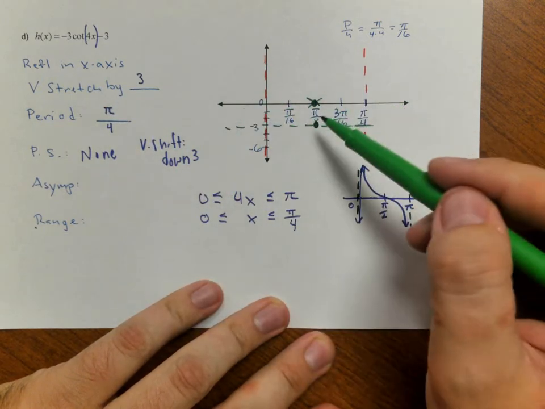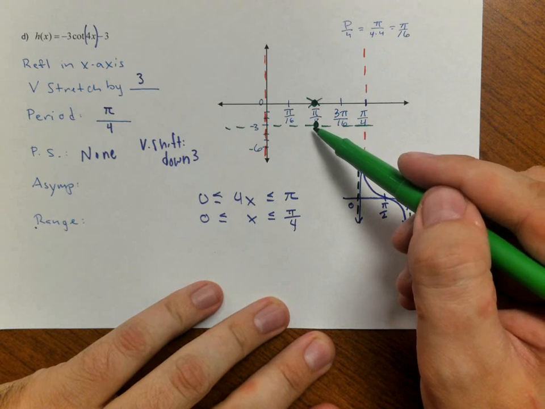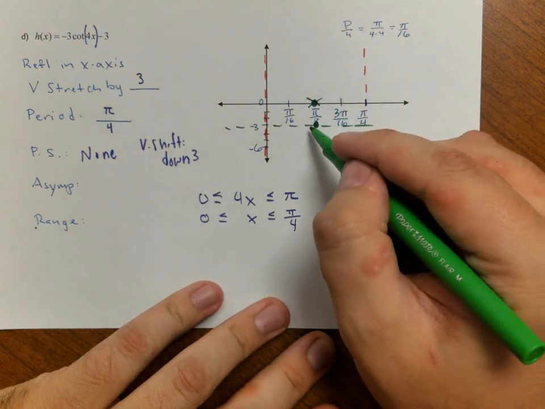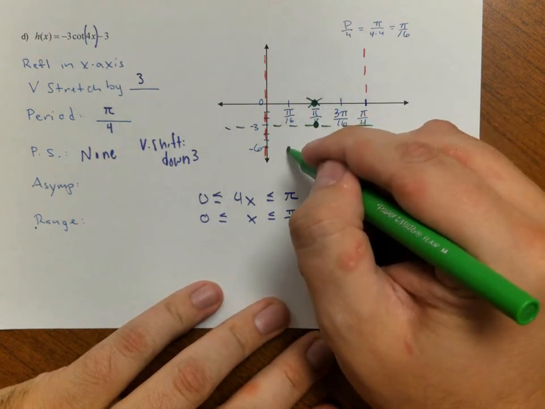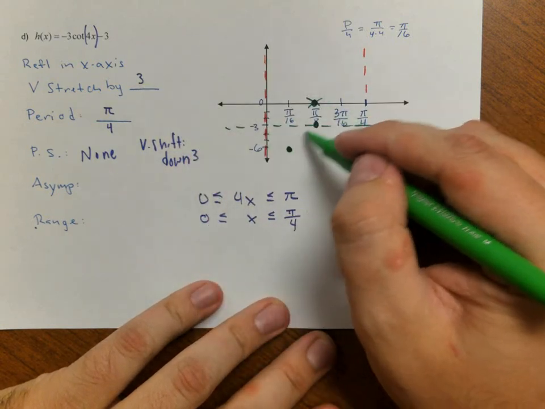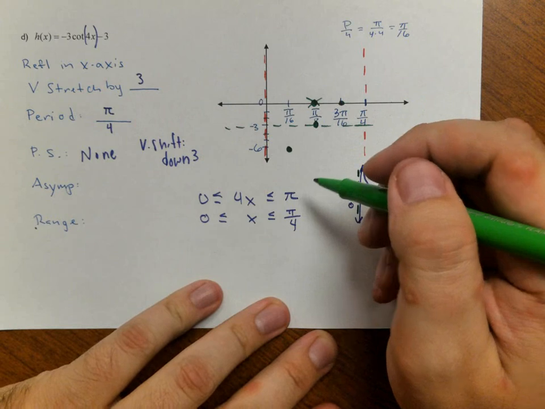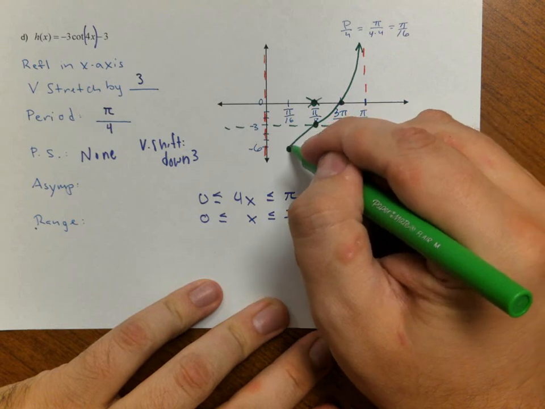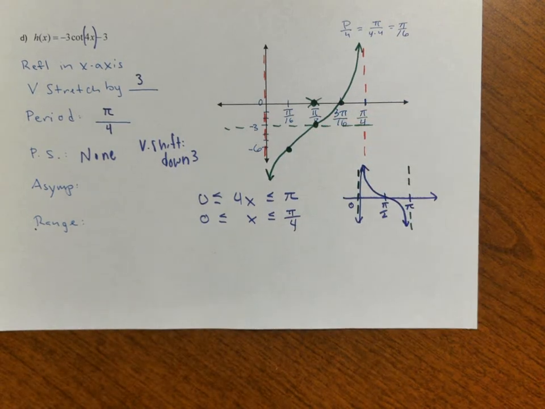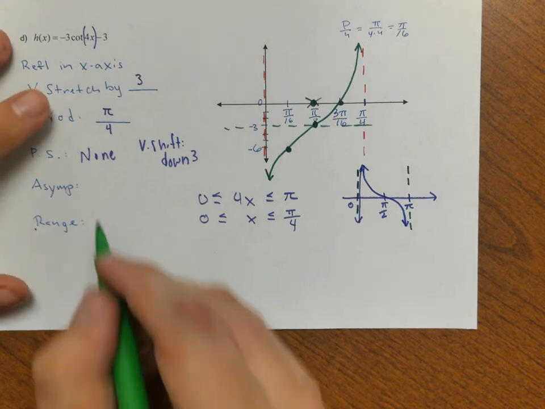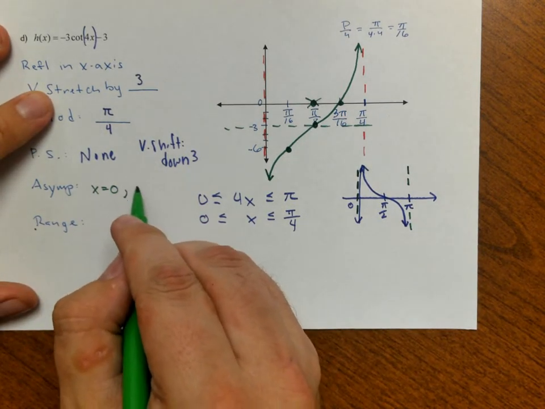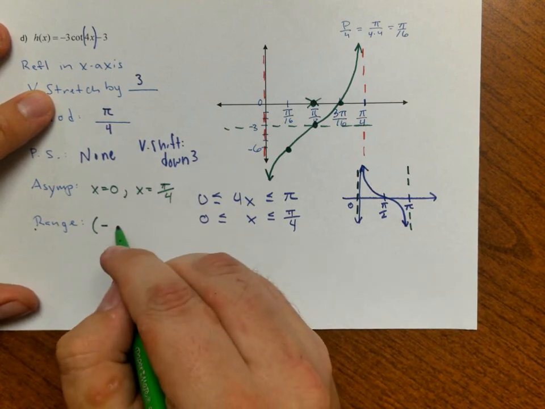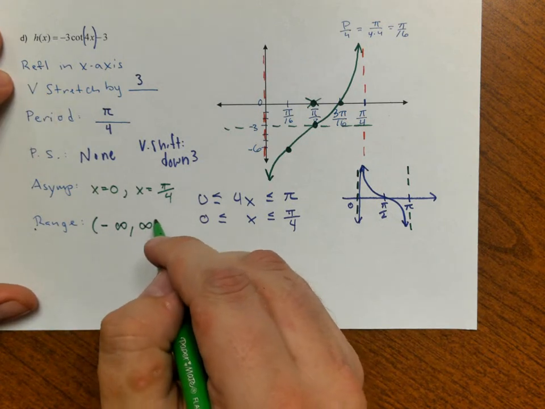Tangent and cotangent, in the middle, I will be exactly in the middle. Now, normally a cotangent will go down. Since I do have this reflection, I know I need to go up. So I will go down by this vertical stretch over here, so down 3 and up 3. And then as best as I can, I want to put a smooth curve through these points that gets closer and closer to those asymptotes. I can see my asymptotes are x equals 0 and x equals pi over 4. My range, as with any tangent or cotangent, is negative infinity to infinity.